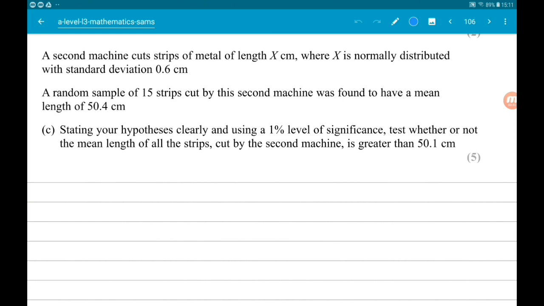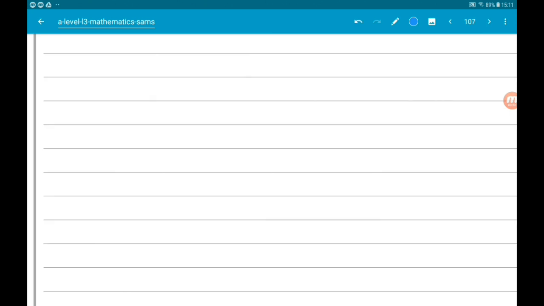Okay, so starting then with our hypotheses, H0, the null, is always the one where whatever you're dealing with is equal to a value.